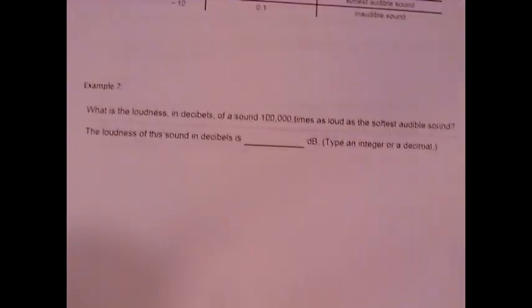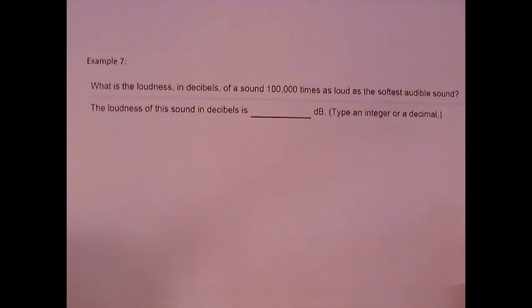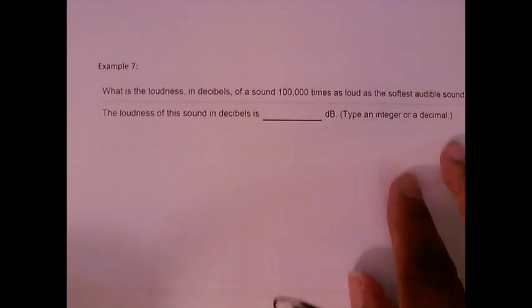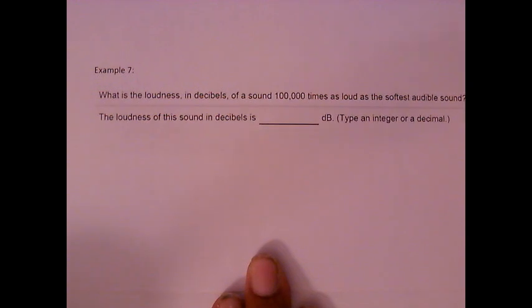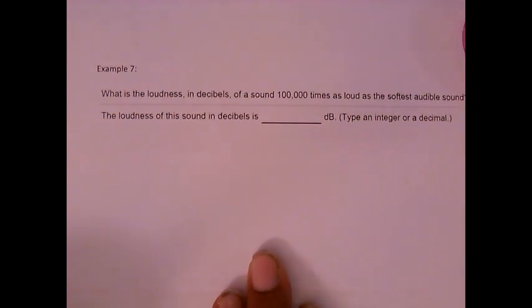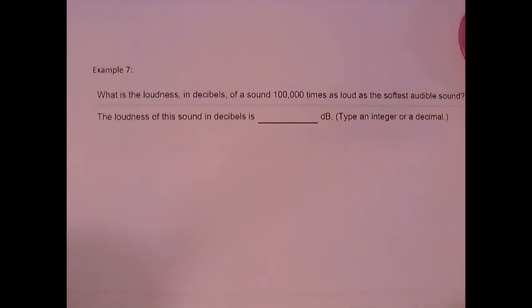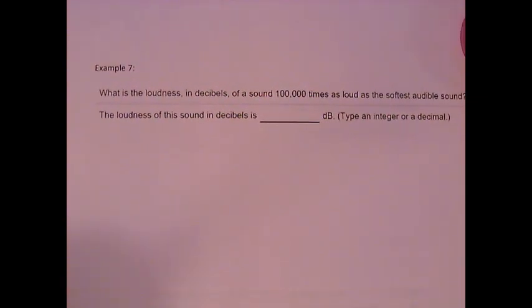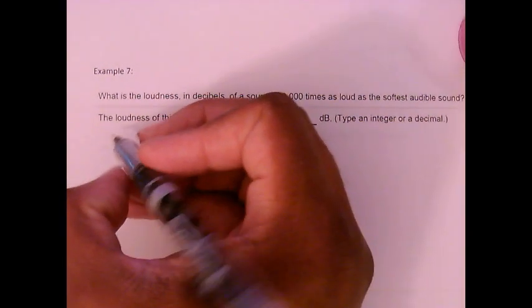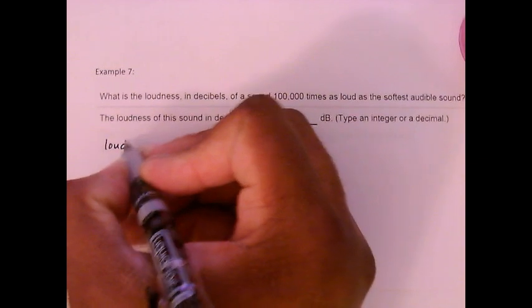Now, the formula that I just showed you is the one that we're going to be using in example 7. What is the loudness in decibels of a sound 10,000 times as loud as the softest audible sound? In this case, we're going to have to use that formula. I have to write it out.